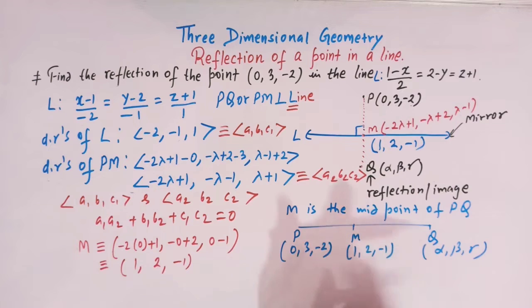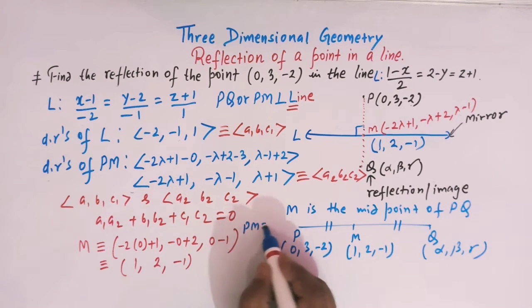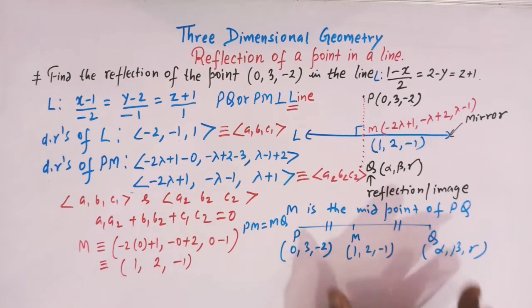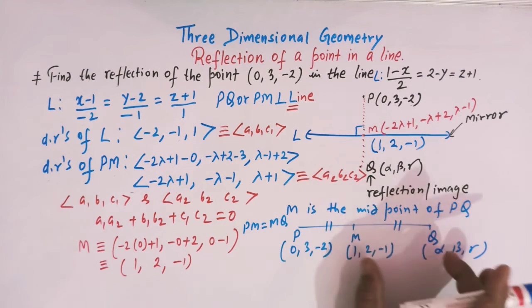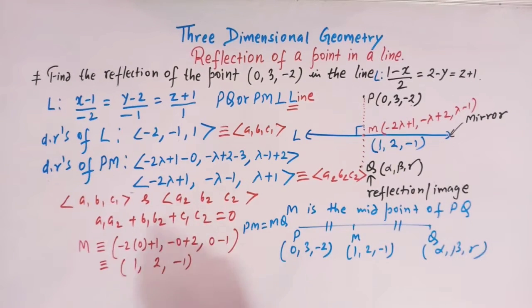Now PM is equal to MQ, M is the midpoint, so we can apply the midpoint formula.